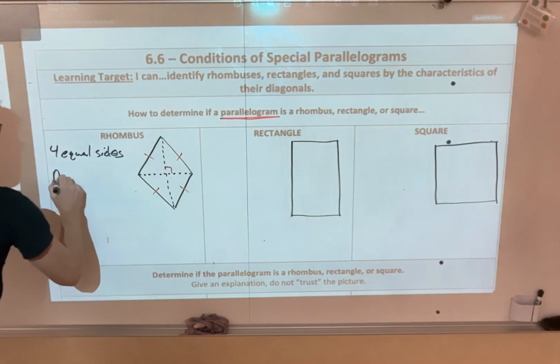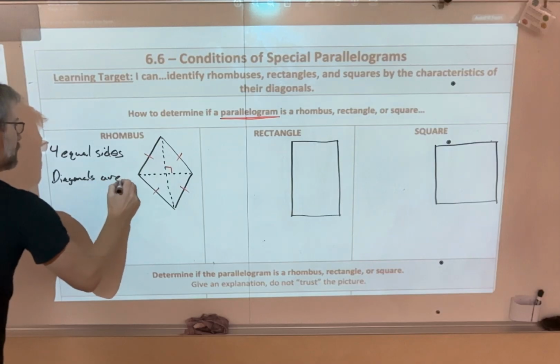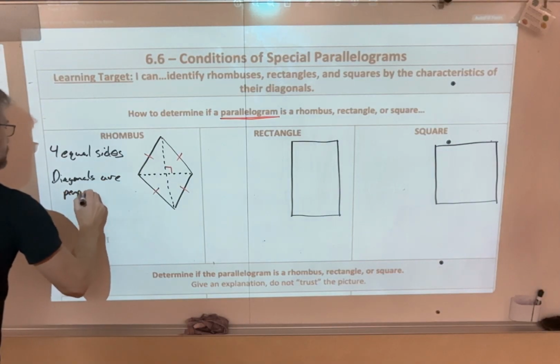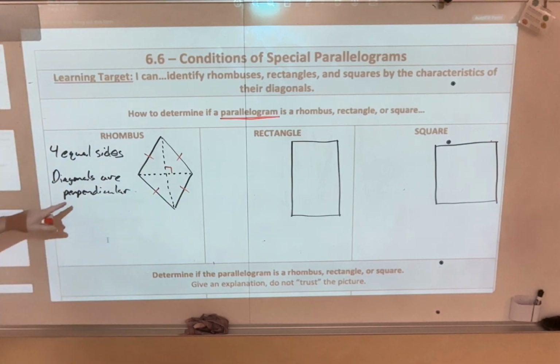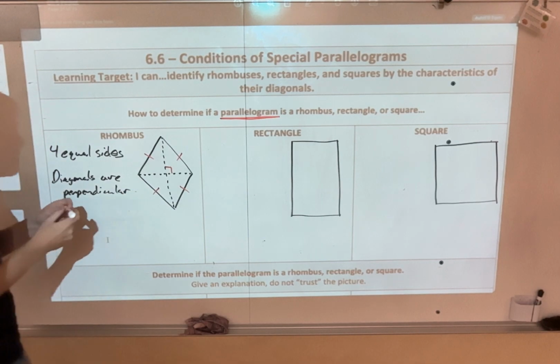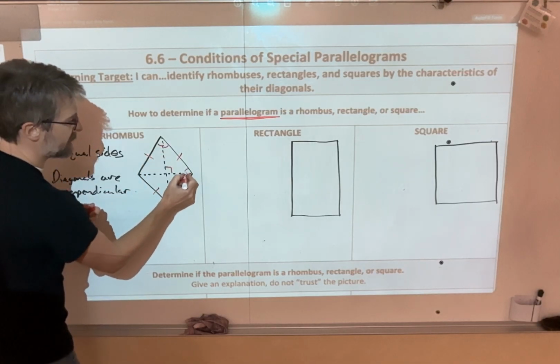So diagonals are perpendicular. There's another way we can tell whether or not they're perpendicular, and that's if our angles are bisected.